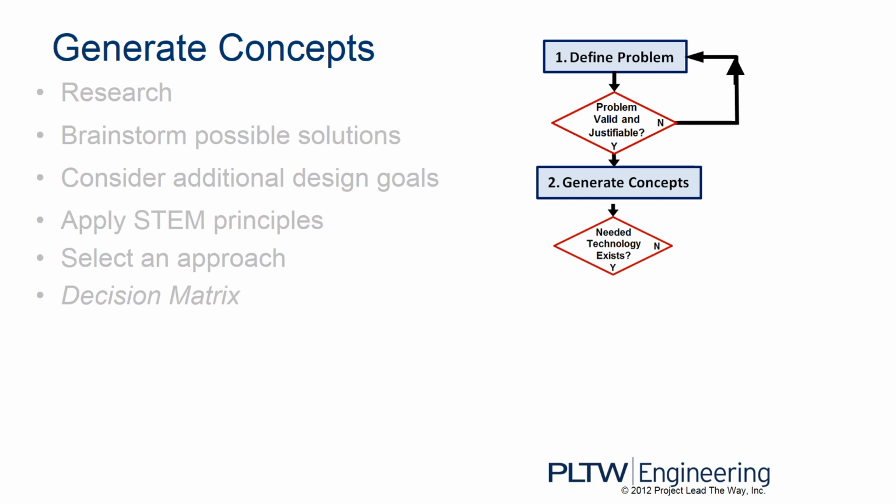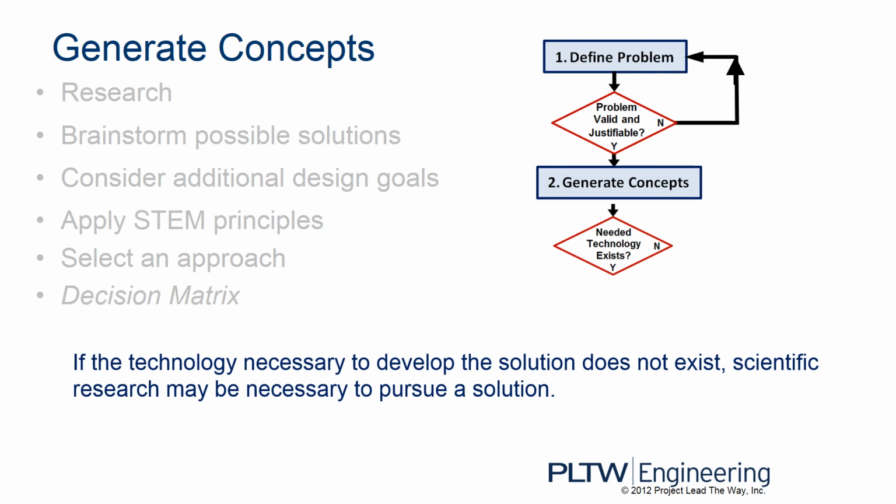If technology doesn't exist that would allow development of the solution, you select the idea and it turns out to be hoverboards. You have to then decide, does the technology exist? Do I need to go and develop that technology? All right.